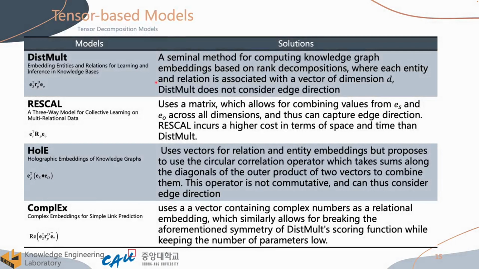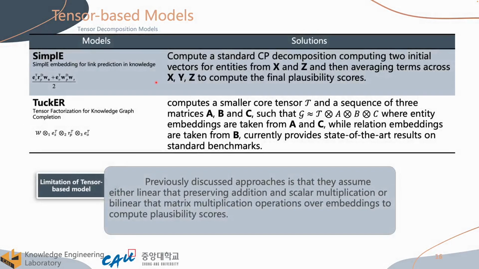And there are some models of tensor decomposition models. And these models have some limitations: the previously discussed approaches are either linear, preserving addition and scalar multiplication, or bilinear, using matrix multiplication operations over embeddings to compute the plausibility scores.